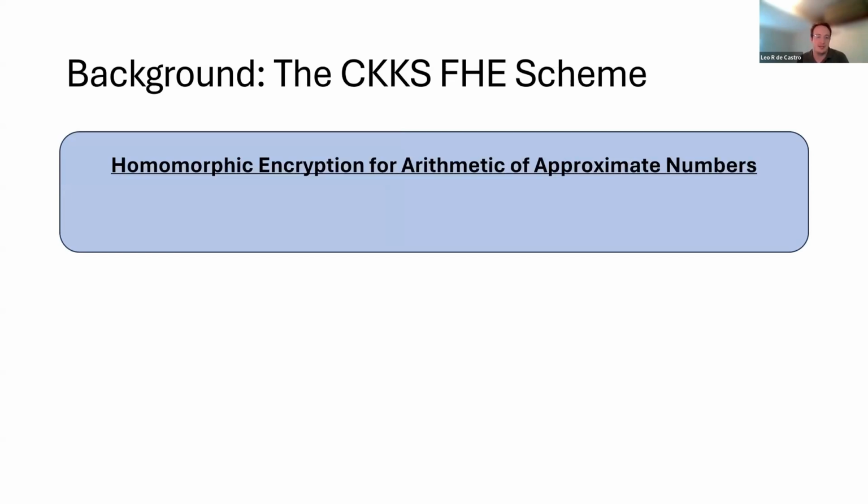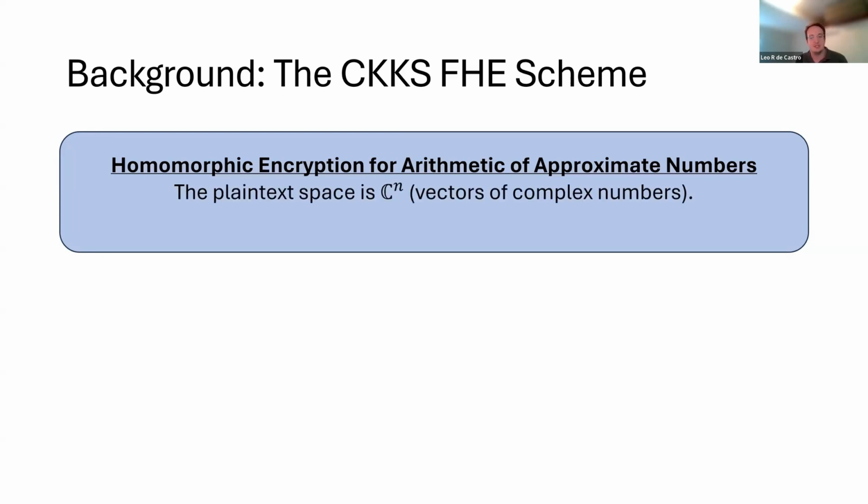Okay, so the underlying FHE scheme that we will use here is the CKKS scheme because it naturally supports real valued and actually even complex arithmetic, and this will let us support the LLM weights and these intermediate values that are not integers.